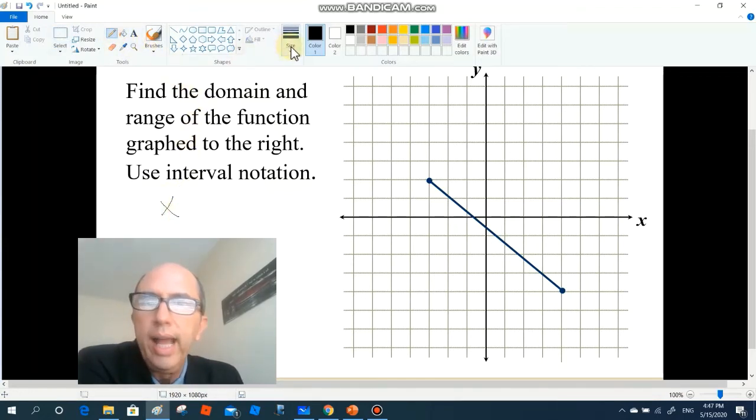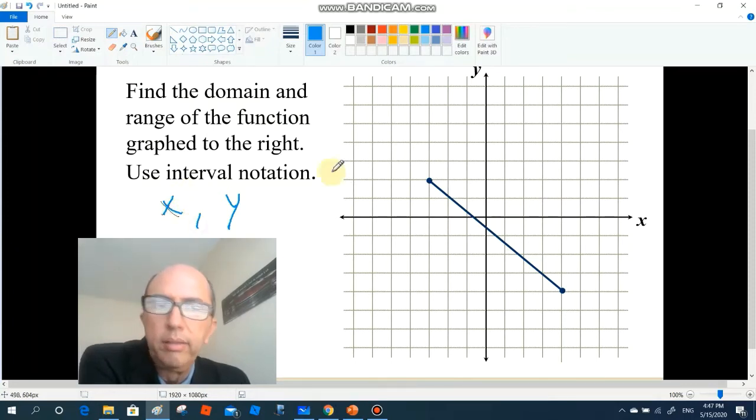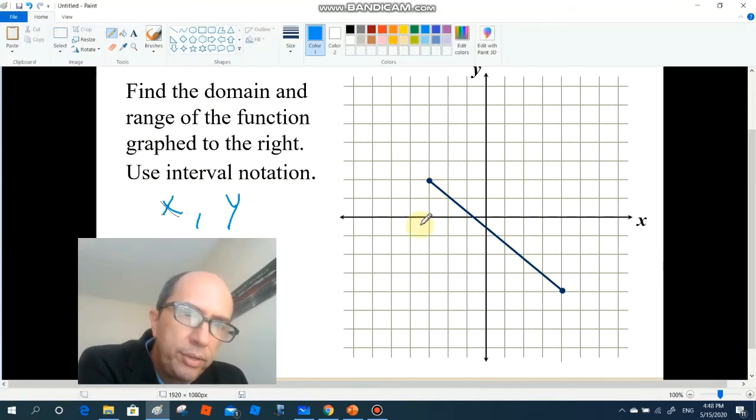So domain is the X set, right? And range is the Y set. So if we want to find the domain, let's have a look at this function here. What's the domain of this function? And note that this line here doesn't have arrows, no arrows.